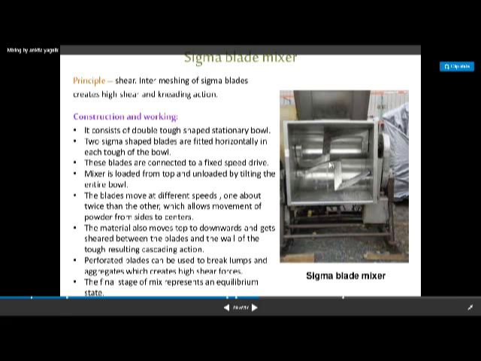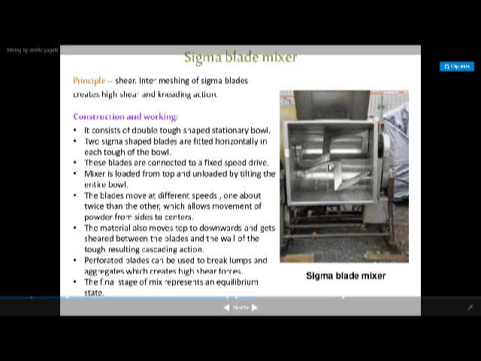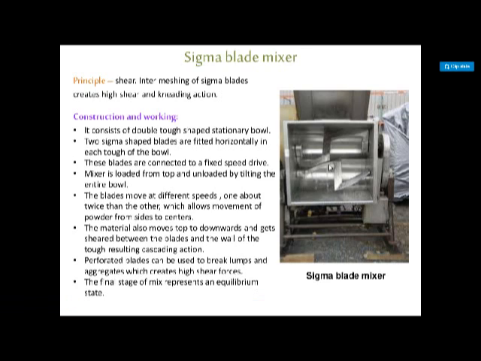The material also moves from top to downwards and gets shredded between the blades. So not only from the side to center but from top to bottom also the material moves, and the wall of the trough results in cascading action, a movement in the upward and downward direction.